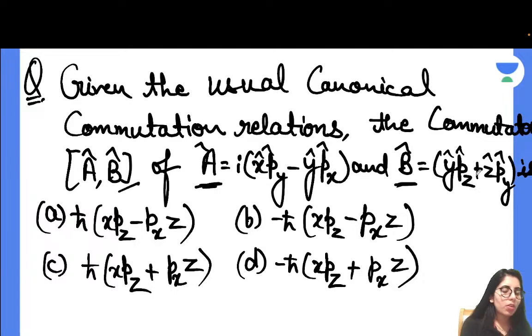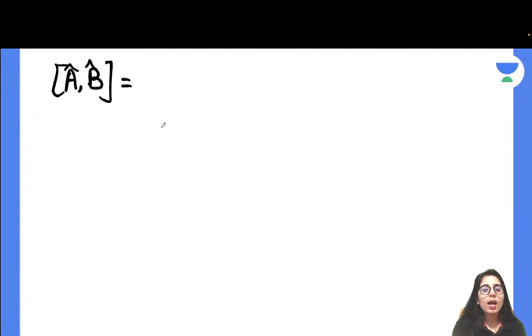Now let's go to the next step. Let me write it completely on the next slide: what is A, what is B, and then I will tell you the easiest way to work on any such type of question.